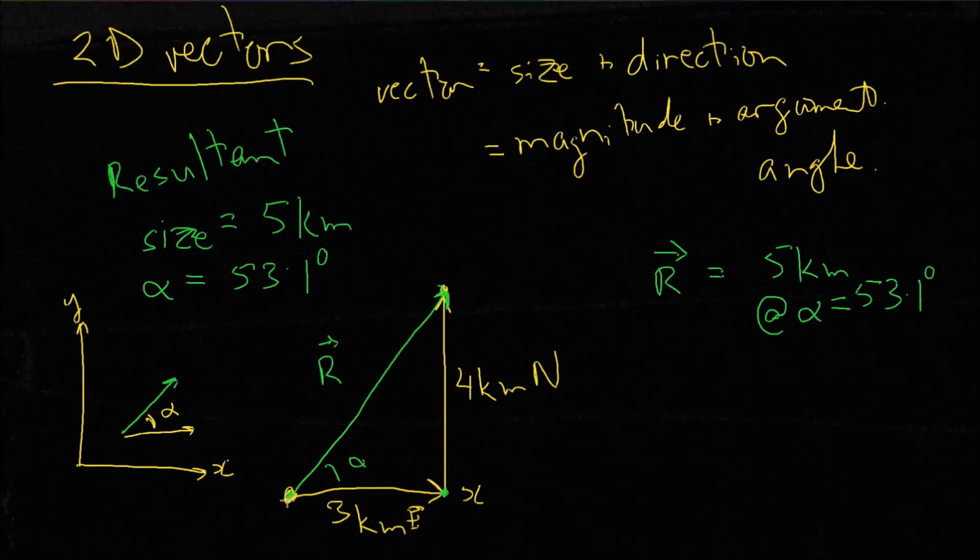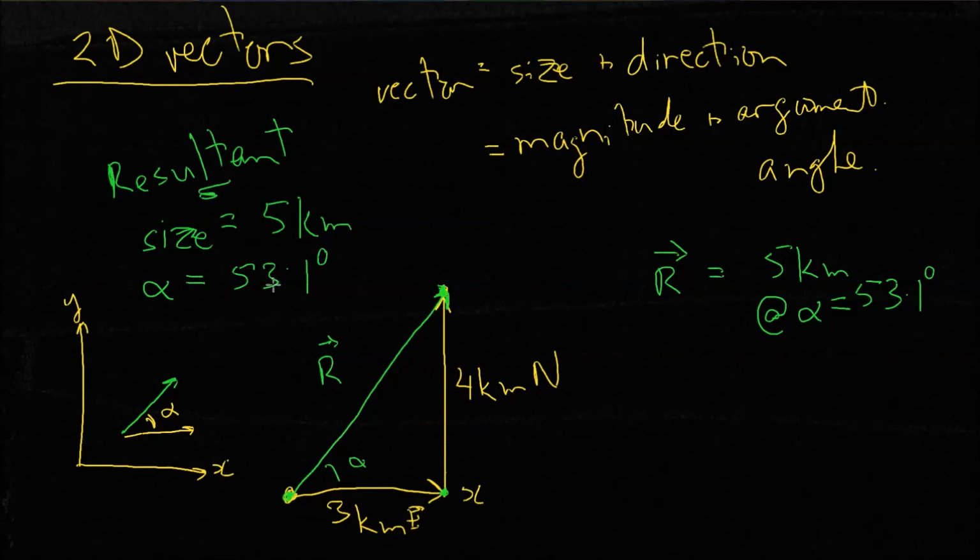So all we've done really is we've laid our 2 vectors head to tail, head to tail. And when you add them together, you go from the very first tail to the very last head. And that gives you your resultant.